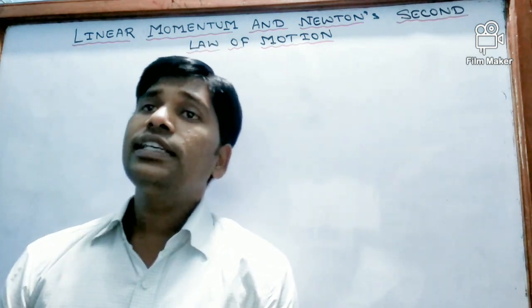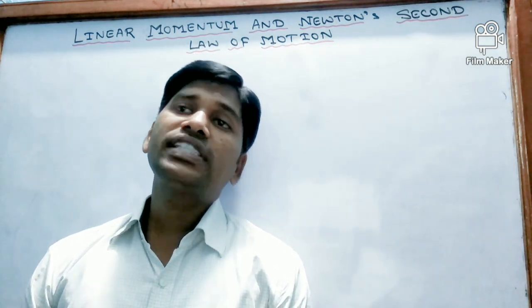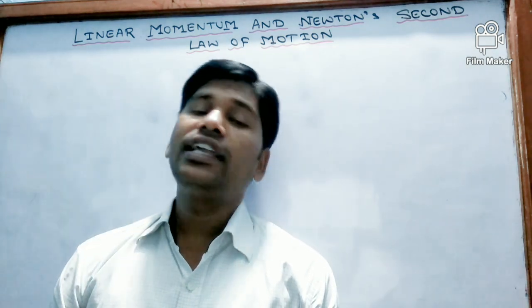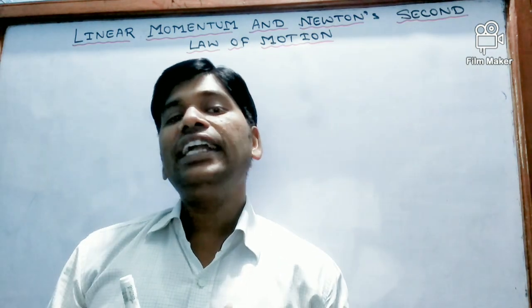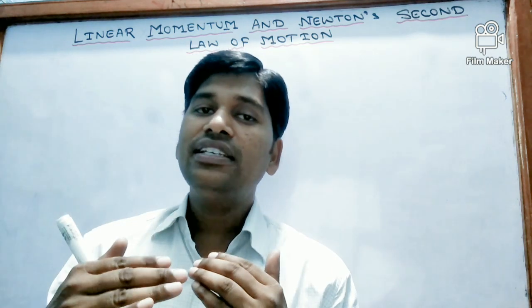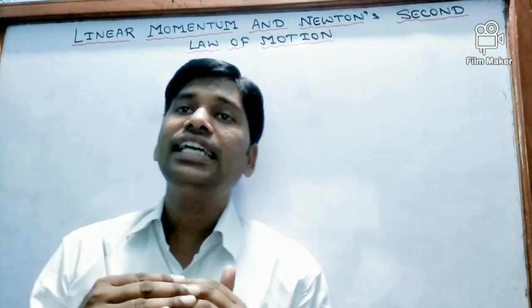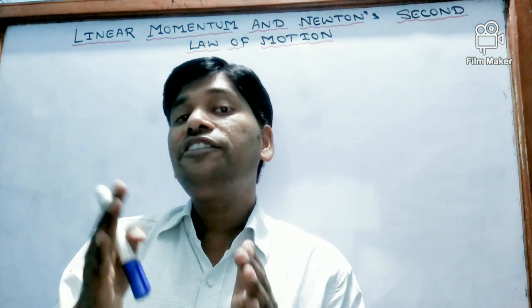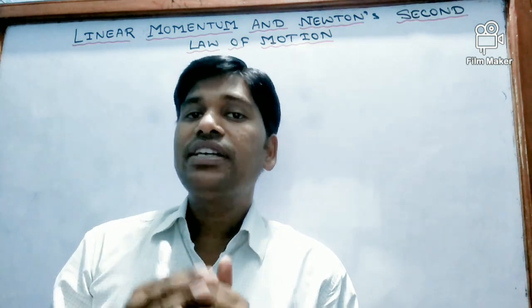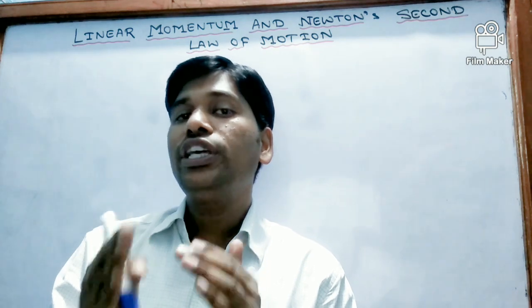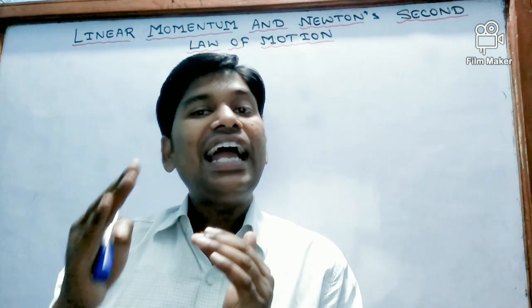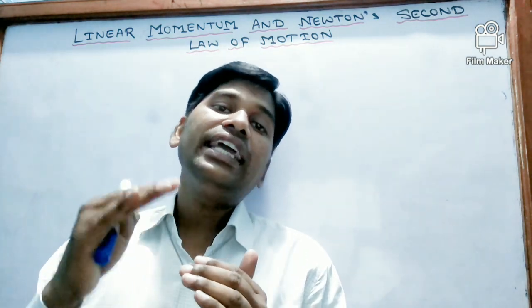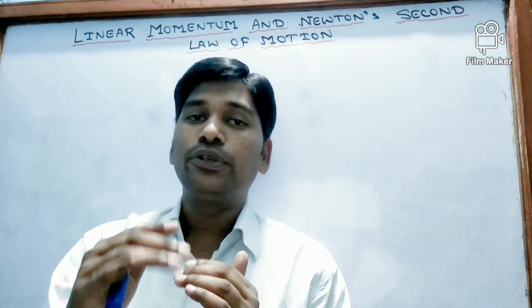Now let us see some examples of the second law of motion in our daily life. Before that, let us remind ourselves of the second law of motion. According to Newton's second law, the rate of change of linear momentum is directly proportional to the force applied, and the change takes place in the direction of applied force.